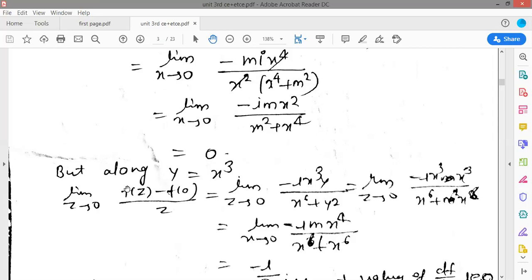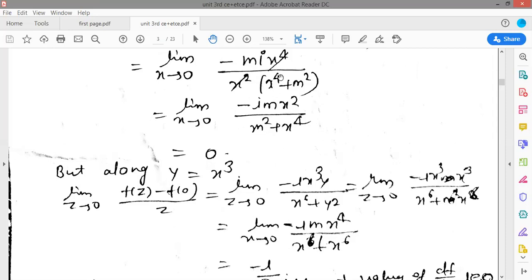But along the new curve y = x³, if along this curve we get 0 here, then we can say this function is differentiable at z = 0. But if the value is different, then we cannot say that this function is differentiable. So first check along the curve y = x³.